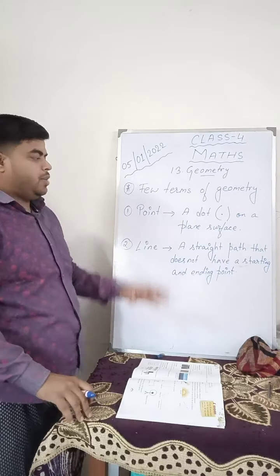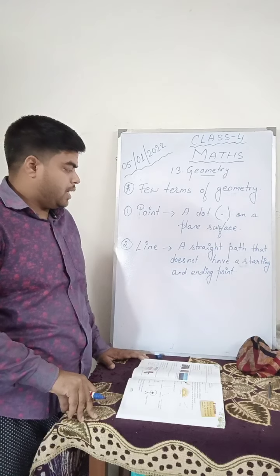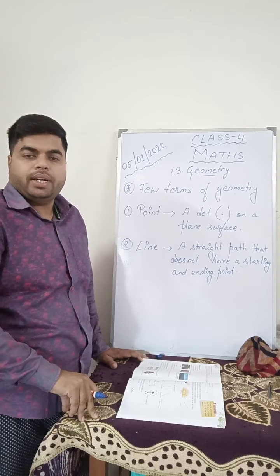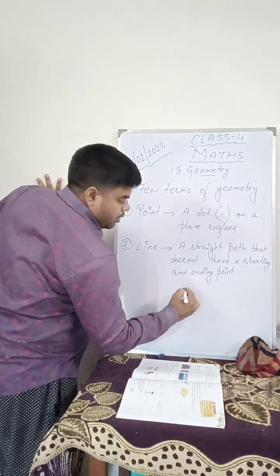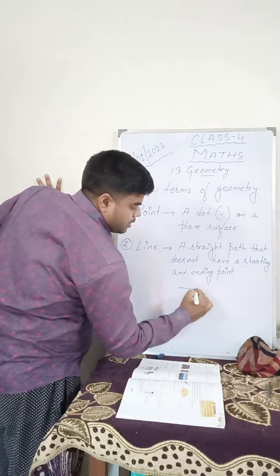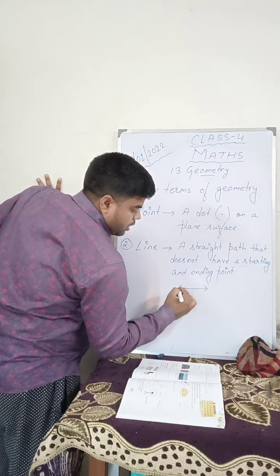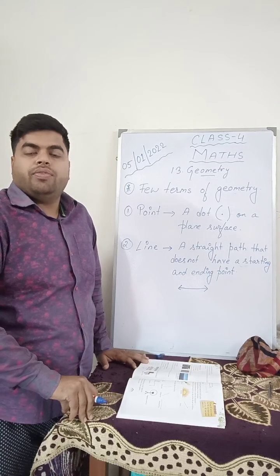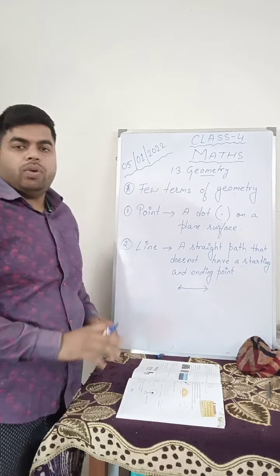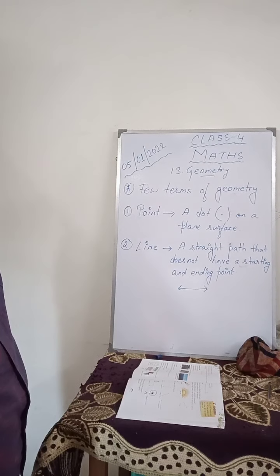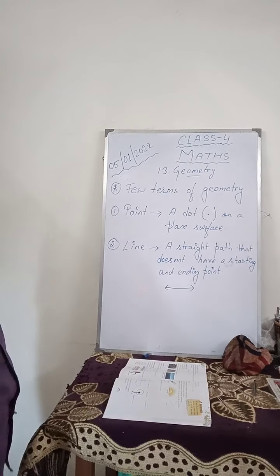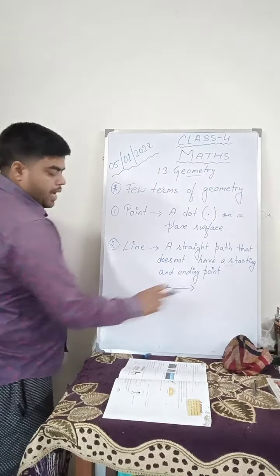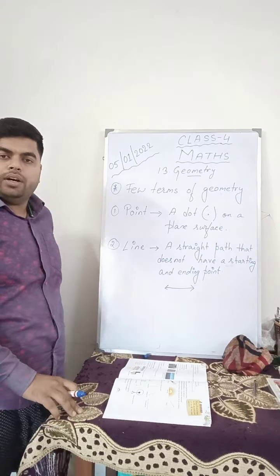So a straight path that does not have a starting or an ending point, and the symbol of that is an arrow on both sides. Now if you want to represent any line, you have to write the alphabet and represent it by an arrow on both ends.